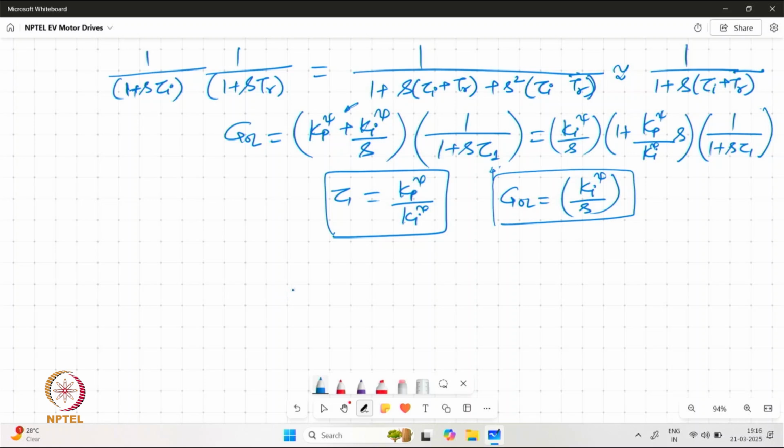So which means the ki psi can be decided on basis of bandwidth for IMR control loop.